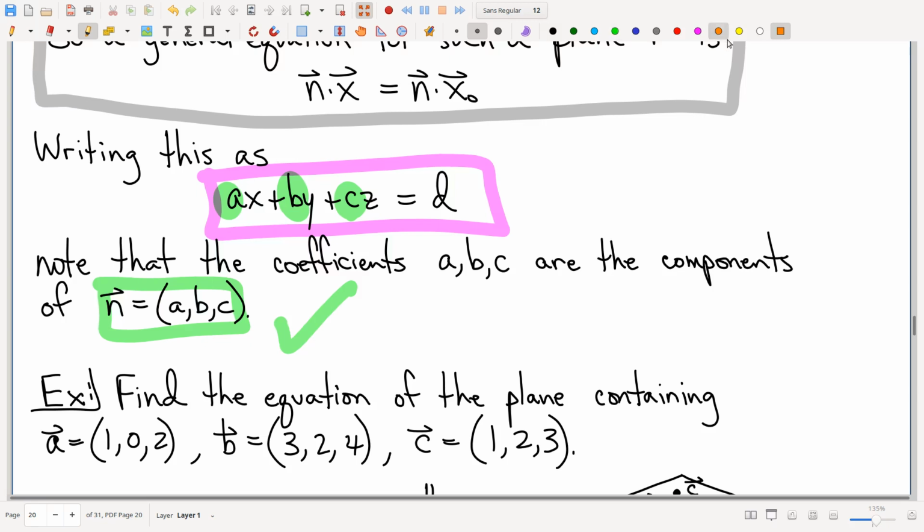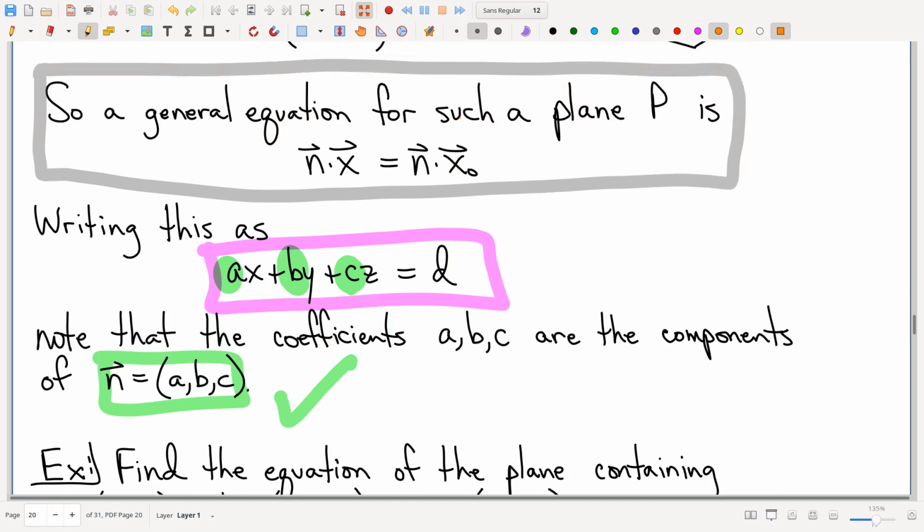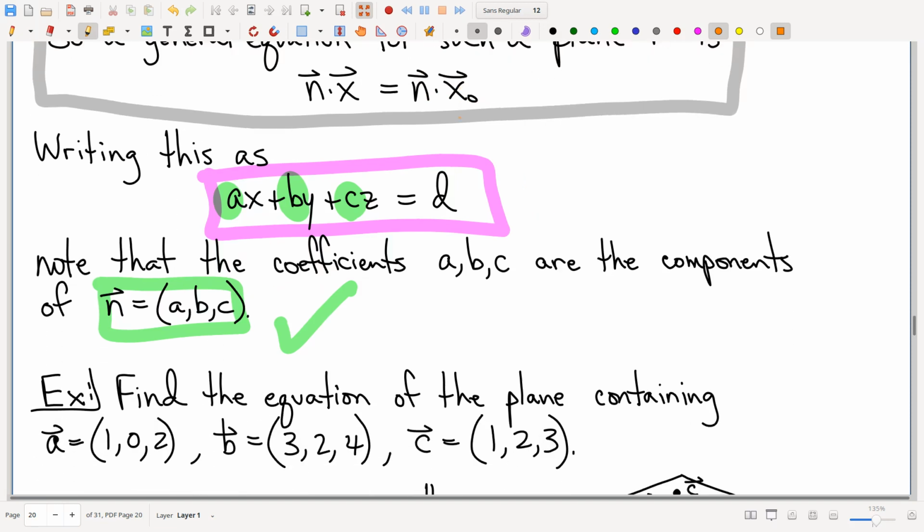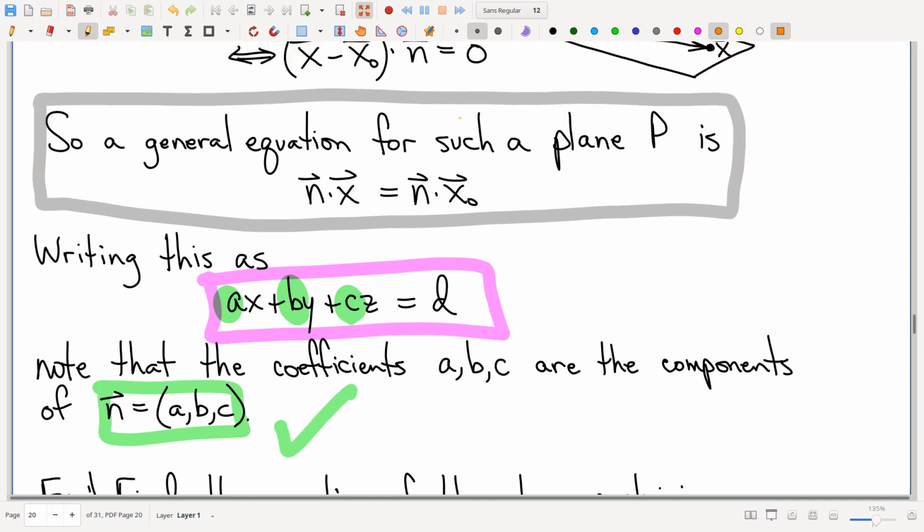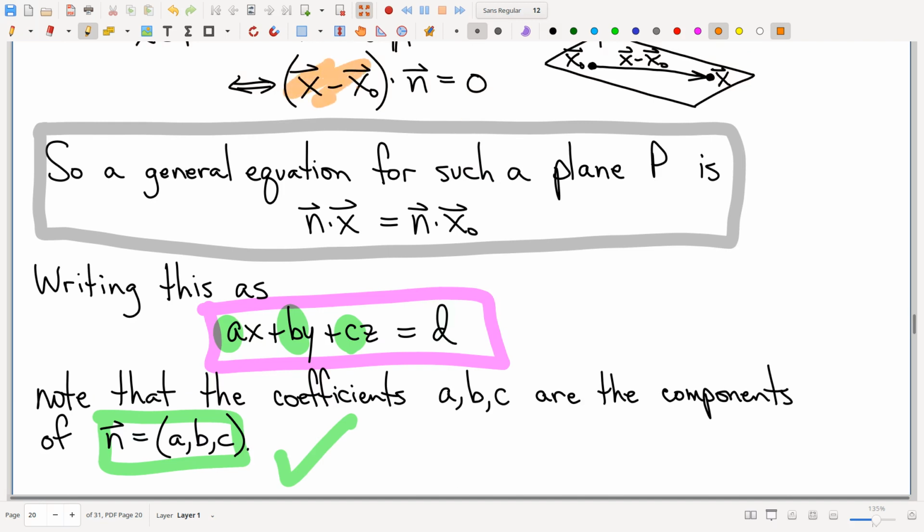So would x, y, and z in that equation represent the difference in points between x and x naught? Great question. No. So all the x naught business I've already moved over to here, right? So the x minus x naught thing, I've already kind of separated that out. So x, y, and z is representing just the x vector. That's the point you're testing to see if it's on the plane.